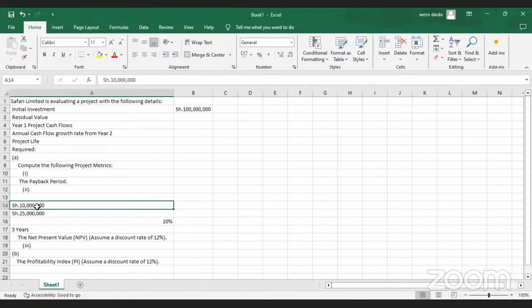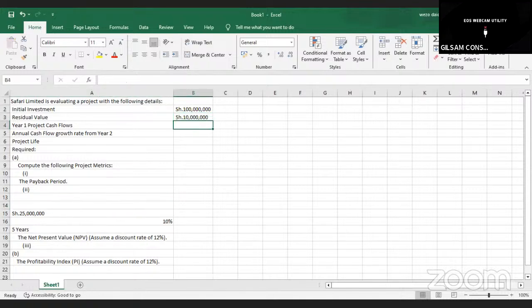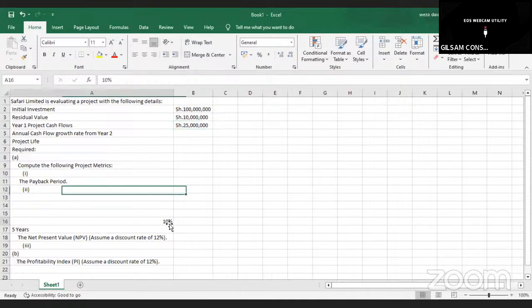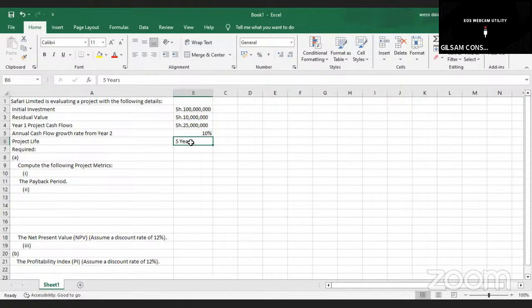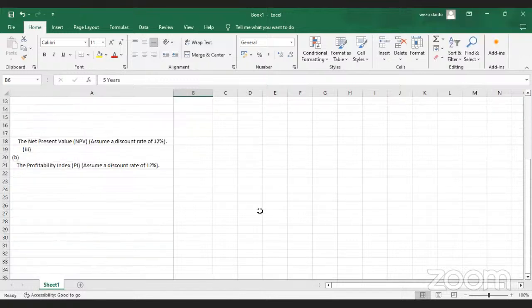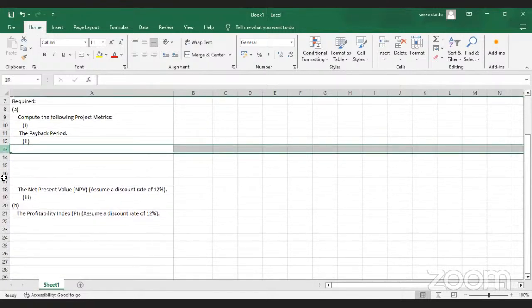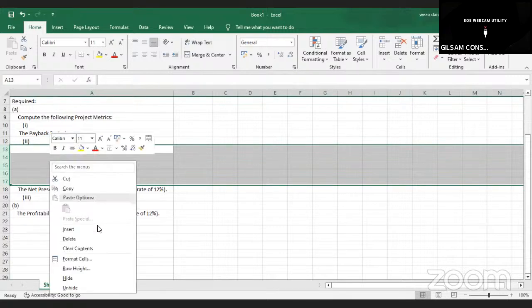Residual value. Okay. So NPV. Yeah. So we need NPV.